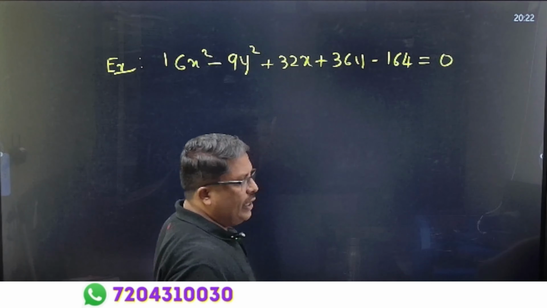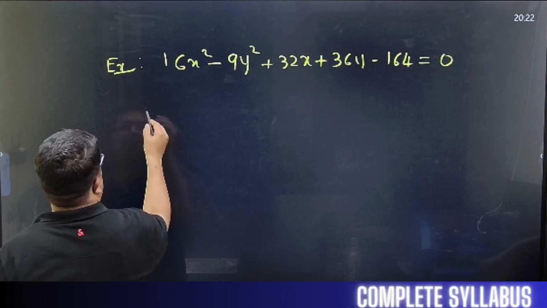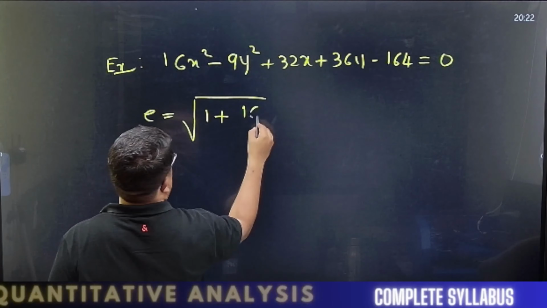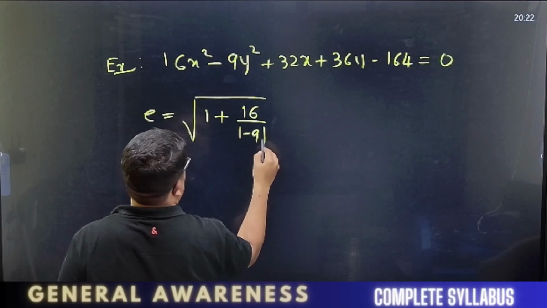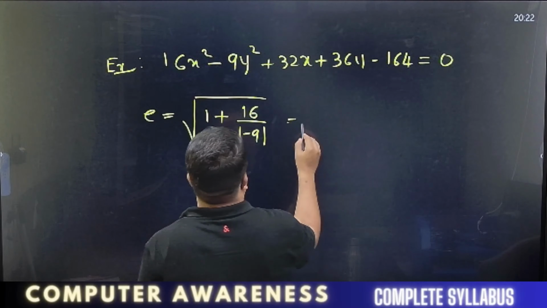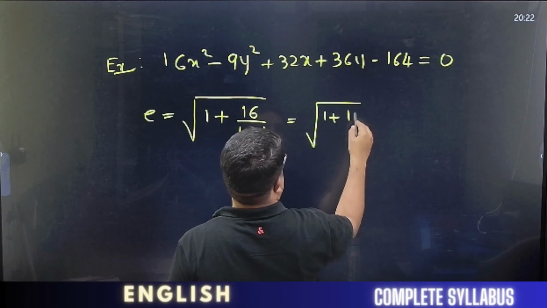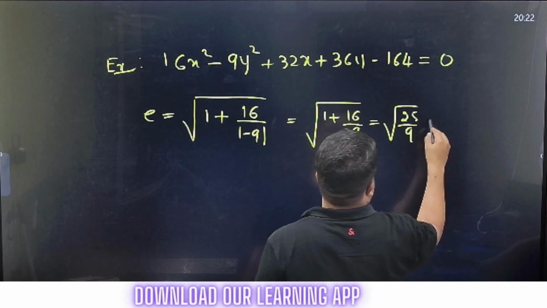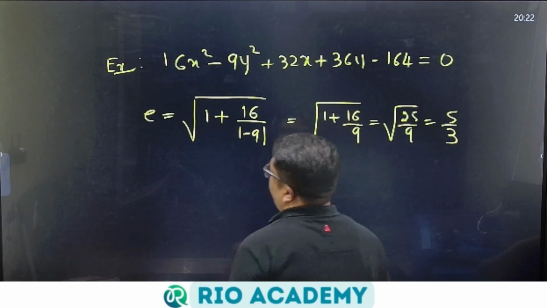Again here minus indicates it is a transverse hyperbola. Eccentricity is 1 plus 16 by this. Okay. So again it is 16 by 9, 25 by 9. Answer is 5 by 3.